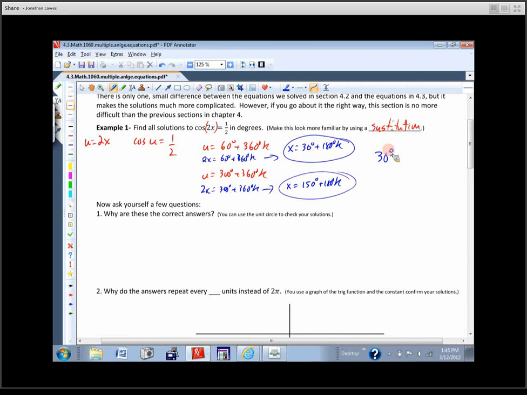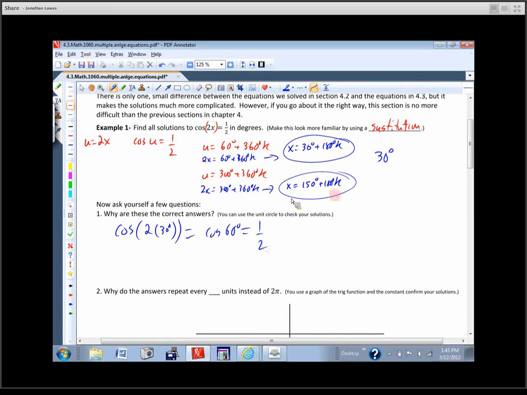The very first thing we do with 30 degrees is double it, which gives 60 degrees. So this becomes the cosine of 60 degrees, and the cosine of 60 degrees, the adjacent side, x-coordinate on the unit circle, is 1/2. It makes the equation true, right?